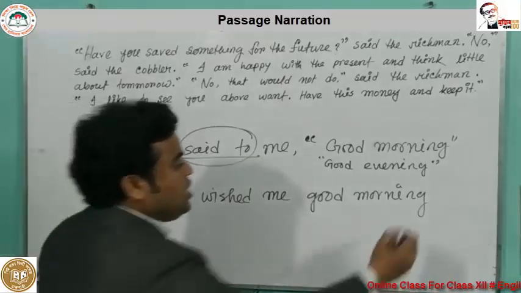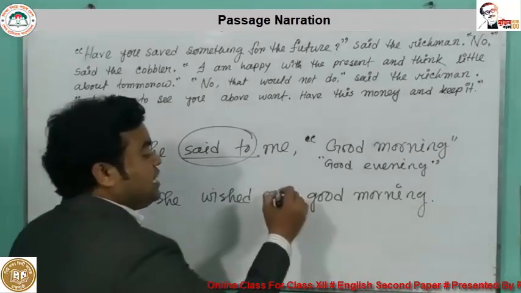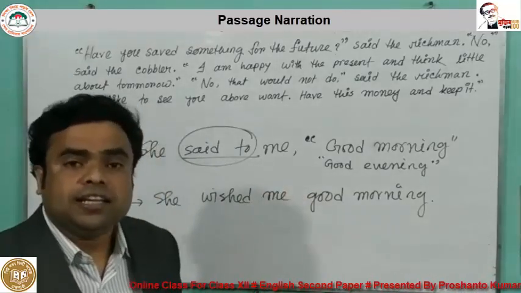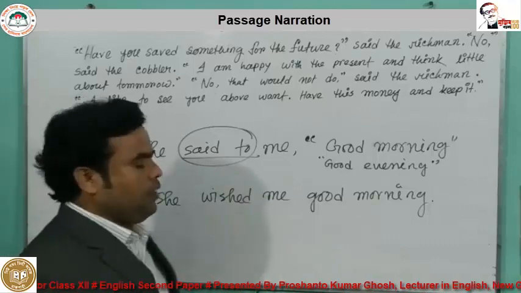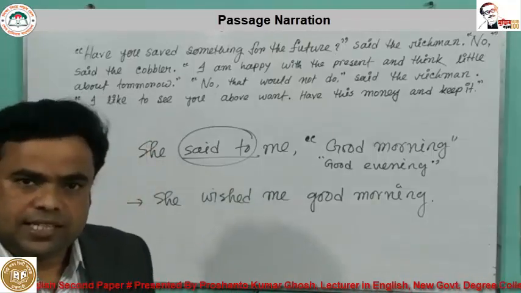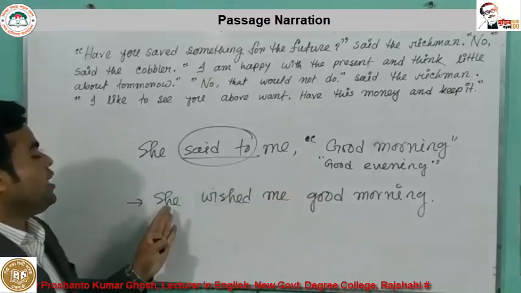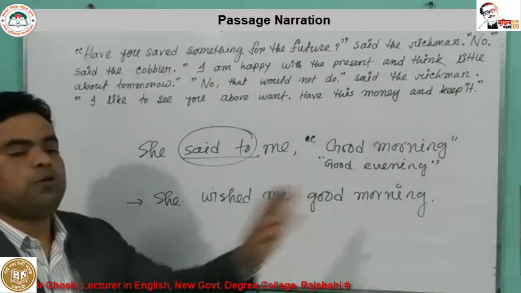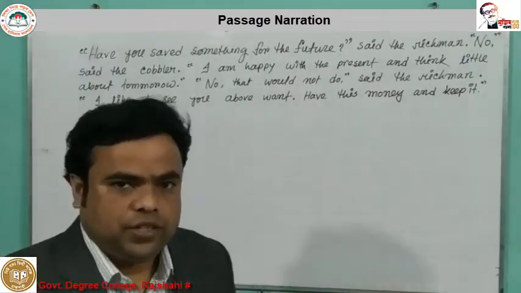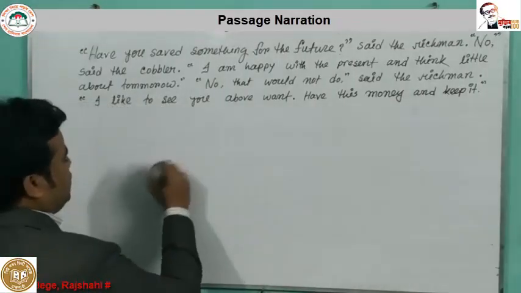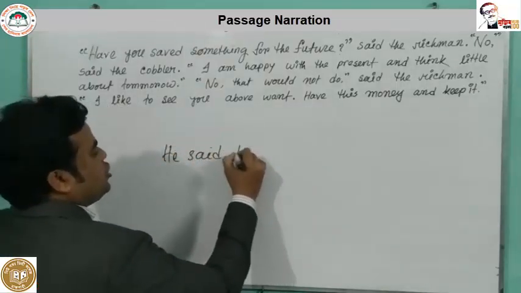In this case, you should not use any connectors here, like that or to or if or whether. You should not use it. You have to use, that is, she wished me good morning or good evening. Hope you understand.